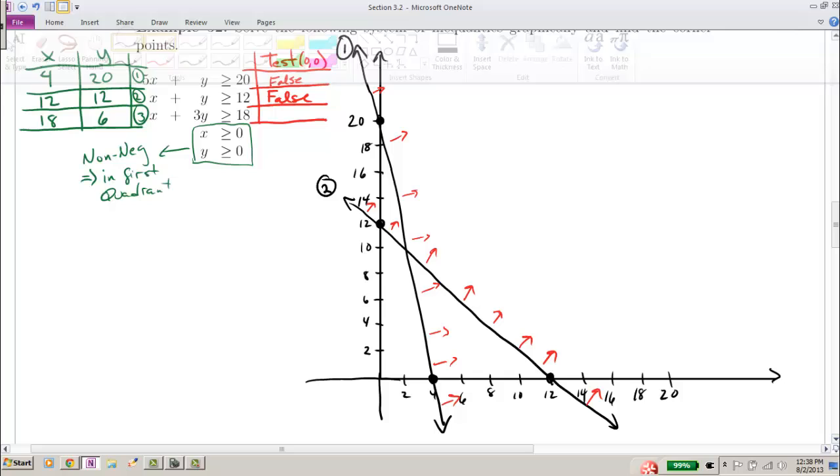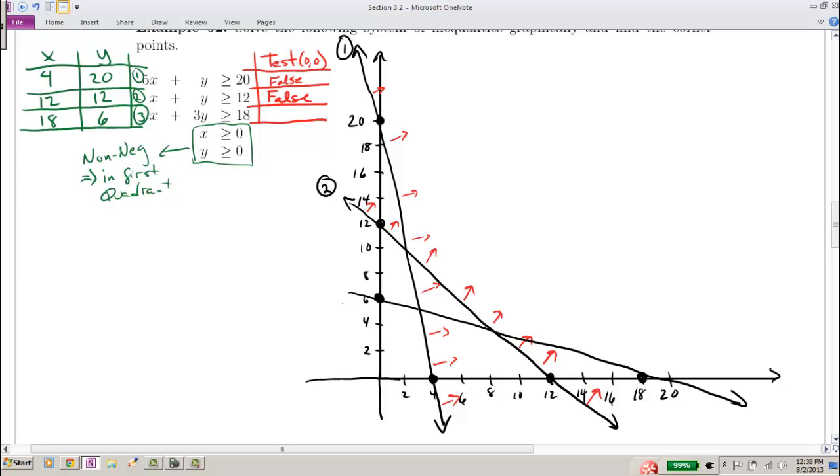And for the third one, our x-intercept is 18 and our y-intercept is 6. Again, if we plug in 0, 0, we get 0 greater than or equal to 18, which is false. So in all of these lines, we're shading above them.